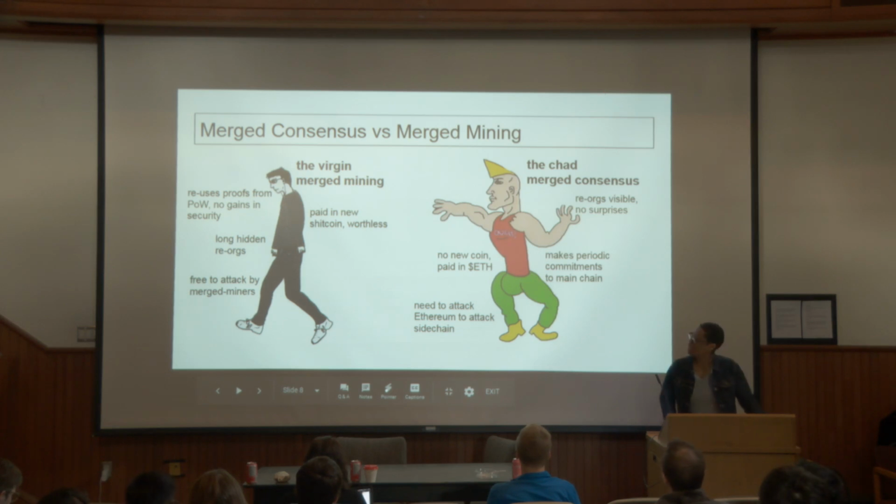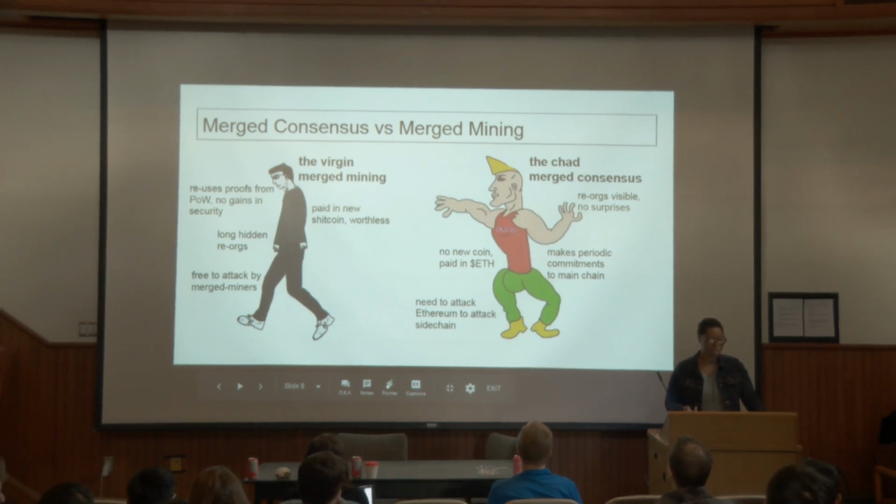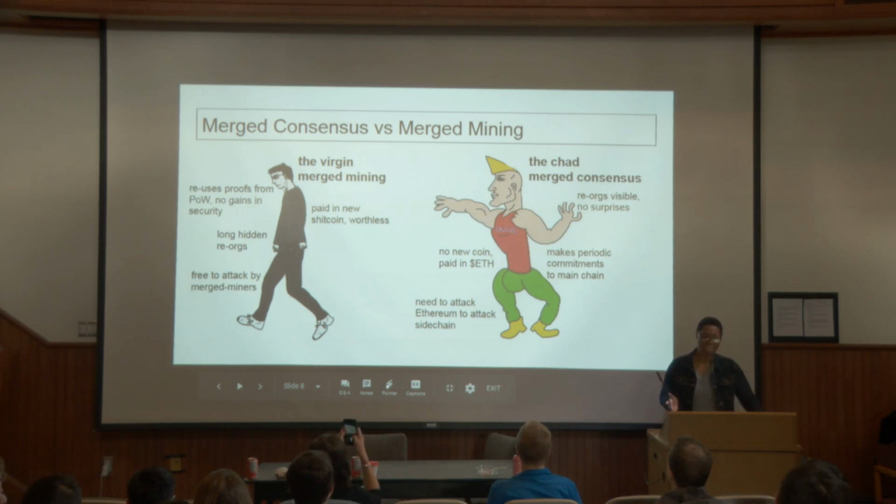So basic merge mining has a bunch of problems. First of all, since it reuses proofs from the proof of work on the main chain, you gain no security, because even though it's not susceptible to attacks from the outside, the miners who are mining can easily just attack the sidechain. You can have long hidden reorgs, and you have to create a new token and get paid in some new token. That's why nobody uses Namecoin.